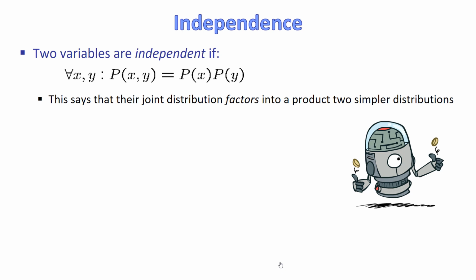And formally, we have their probabilities as we see here in the equation. If the joint probability of x and y is equal to the probability of x times the probability of y, we call these two variables independent if that happens for all possible values of x and y.